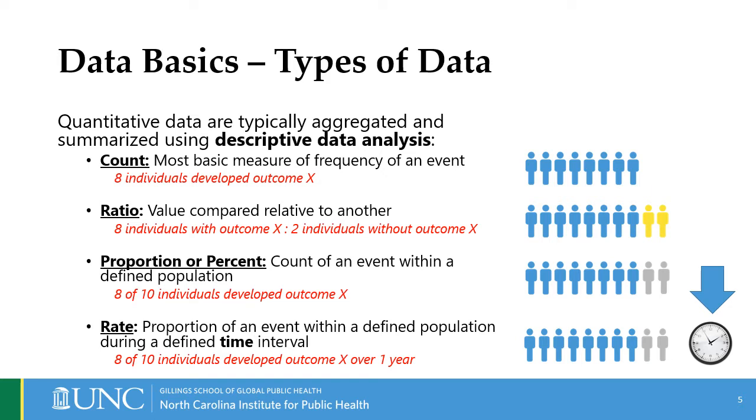Another common term in public health is risk, which is often expressed as a proportion of a population or group that experiences an outcome among those who are able to experience the outcome. This is a bit beyond our scope today, but is another way to express proportions within a specific population over a specific time.